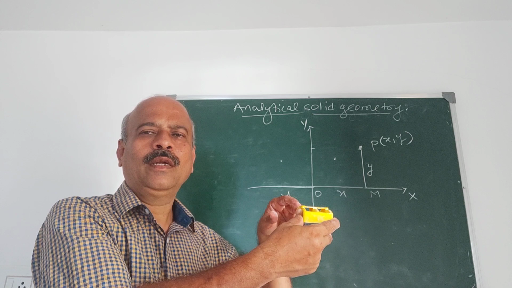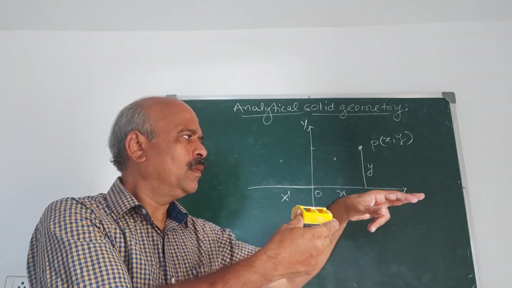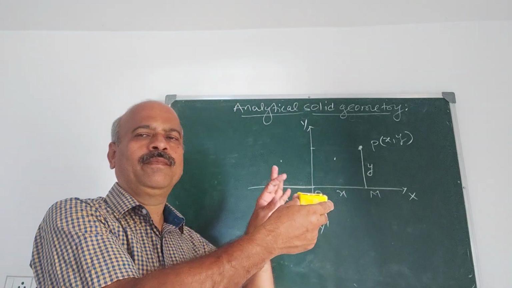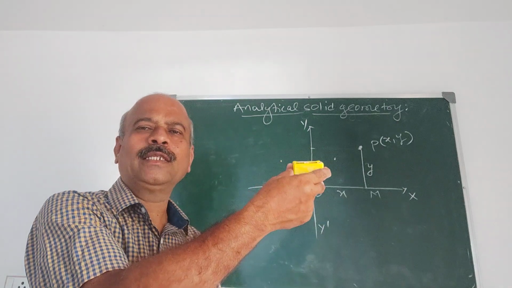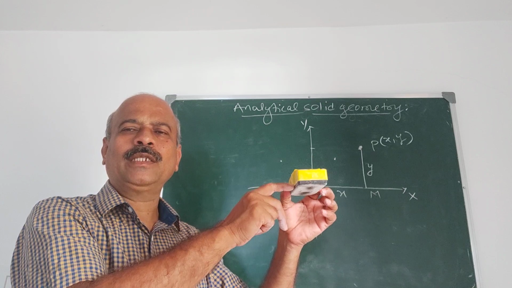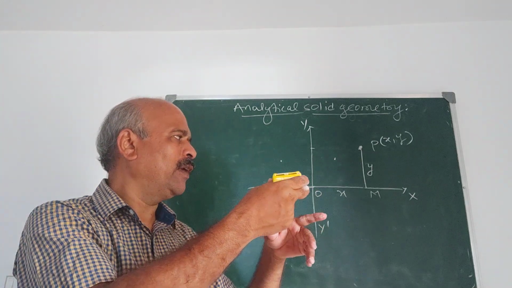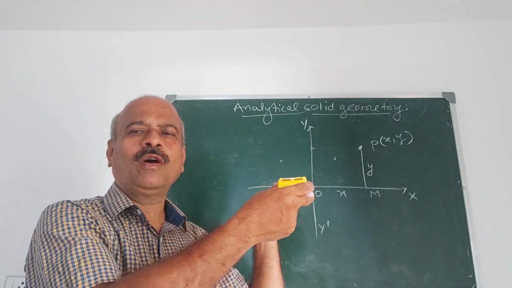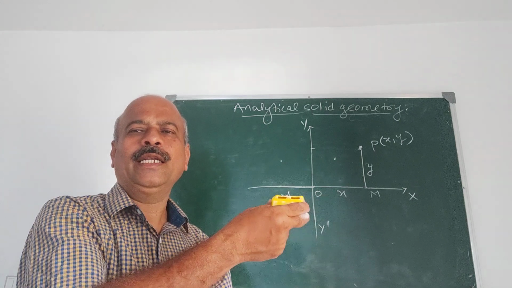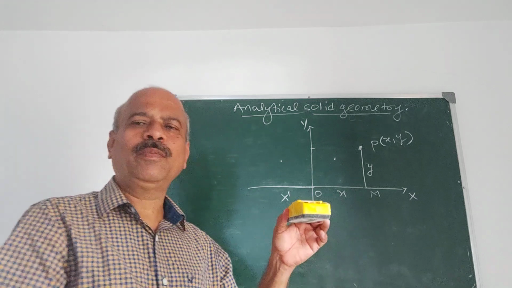But those two are not sufficient, because height is required. So to represent a point in space, three things are required: distance from one wall, distance from the second, adjacent wall, and also height. They are known as the coordinates of the point.